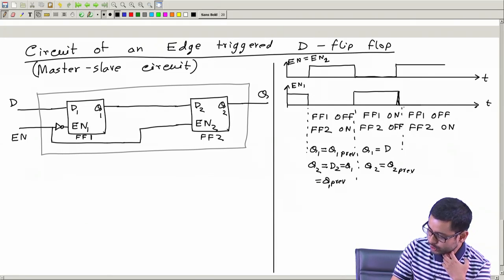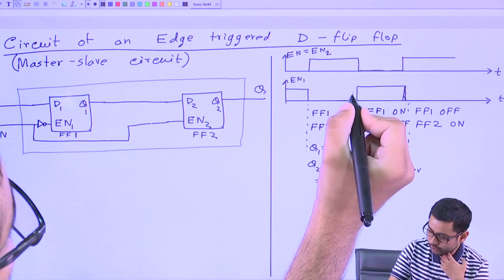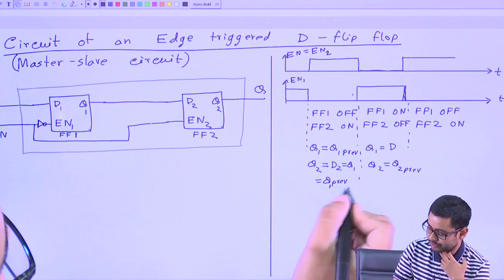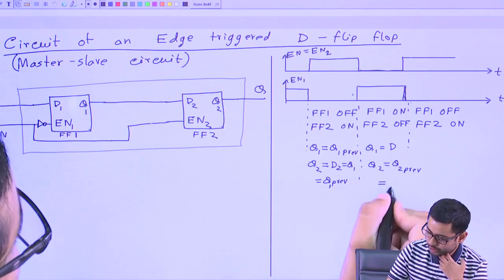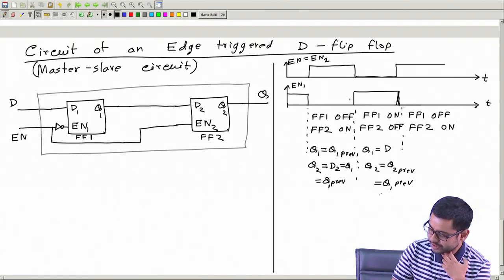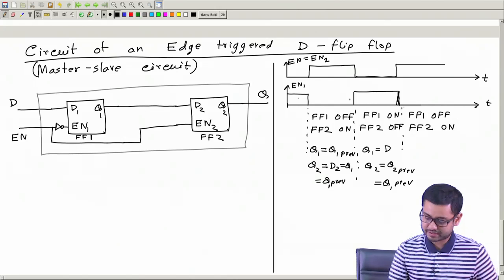What is Q2 previous? Q2 previous is the value of Q2 before this region. And what was that value? From here we see Q2 previous was Q1 previous, which was the value of Q1 at this instant. Okay, so Q1 previous is the value of Q1 at this instant.